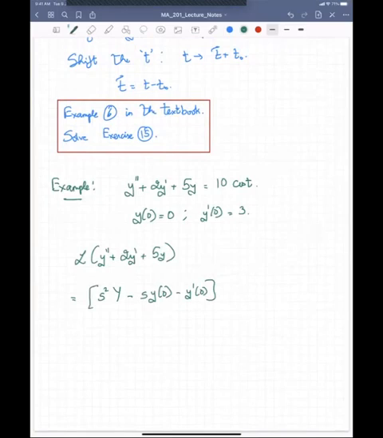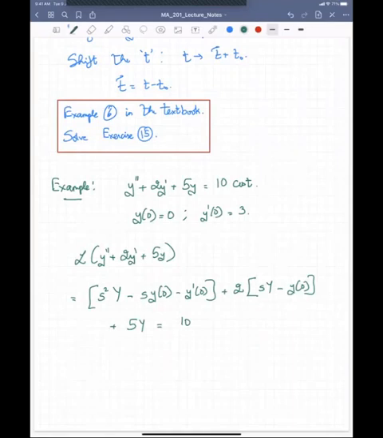That is the first term. The second term is 2 times s times the Laplace transform of y minus y at t equal to 0, plus 5 times the Laplace transform of y. This is equal to 10 times the Laplace transform of cosine t.